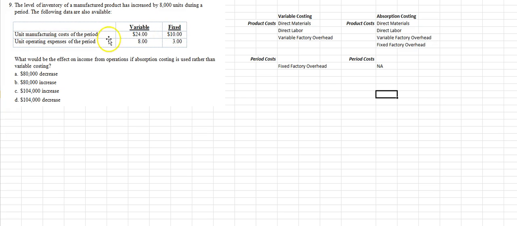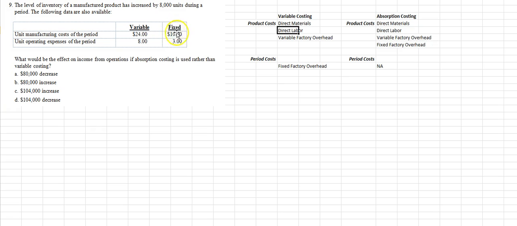So we have units of manufacturing cost of the period that are variable, that would be this, and units of operating expenses of the period that are variable are these, right? And so this is the only area that causes a difference between both of them.